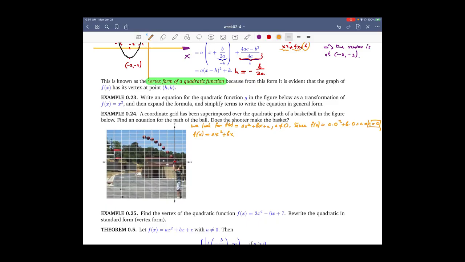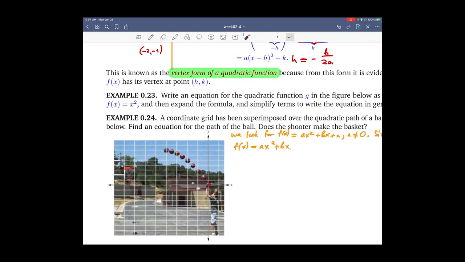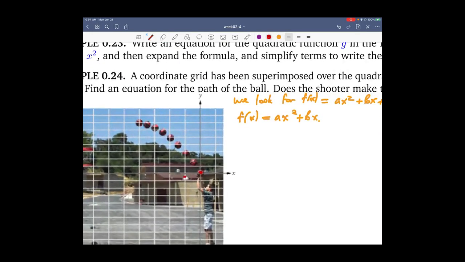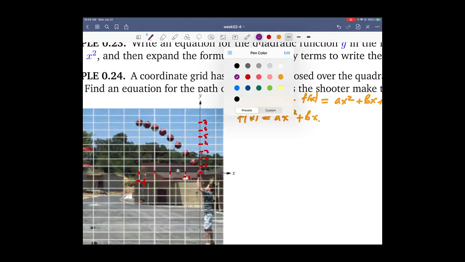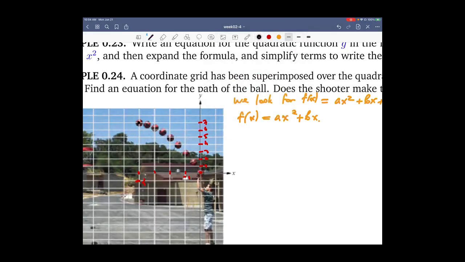We now need to find a and b. The easiest way to find a and b is to note that the vertex of the parabola, at least this point appears to be the vertex, has coordinates that are easy to understand. If this is −1, this is −2, −3, −4, and this is 1, 2, 3, 4, 5, 6, and 7, it looks like that point, which I believe is the vertex, has coordinates (−4, 7).